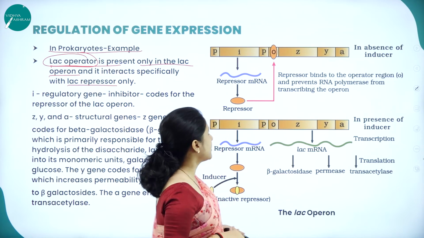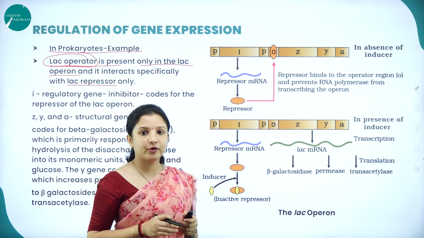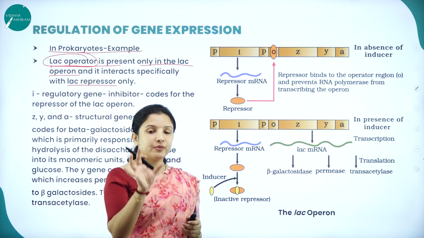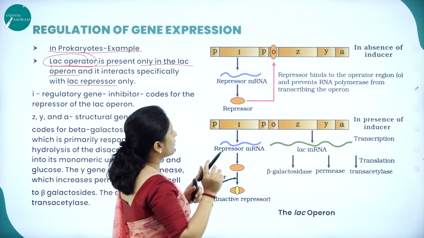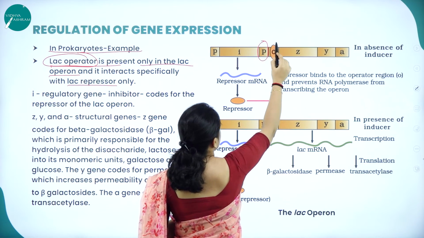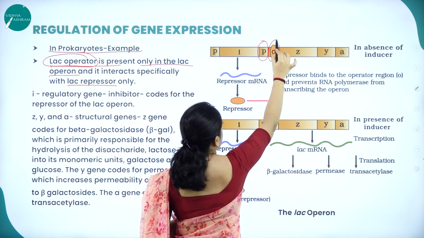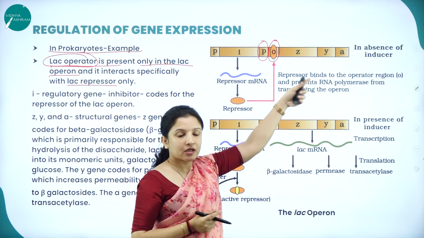Now here I'll show you. This is a Lac operon. What is this Lac operon? This Lac operon is nothing but a segment of the DNA strand. In that segment, what all are present? There is the promoter region, there is the operator region, and there are different structural genes.